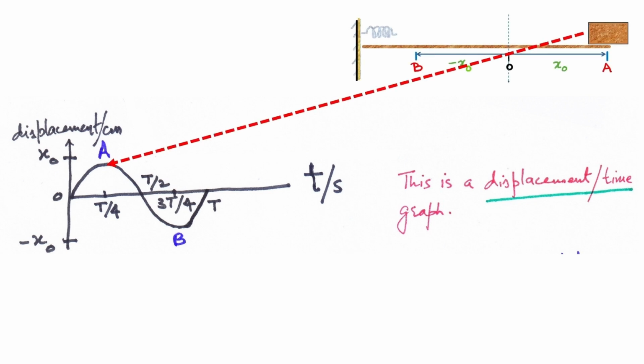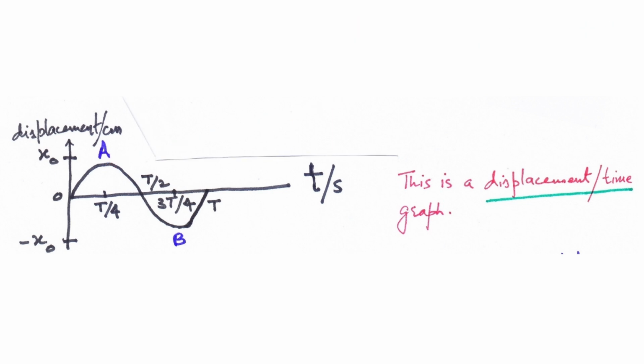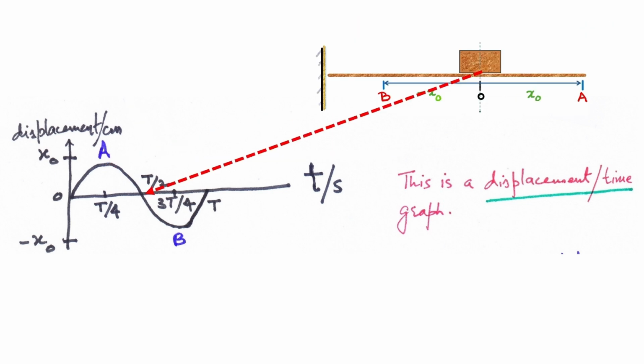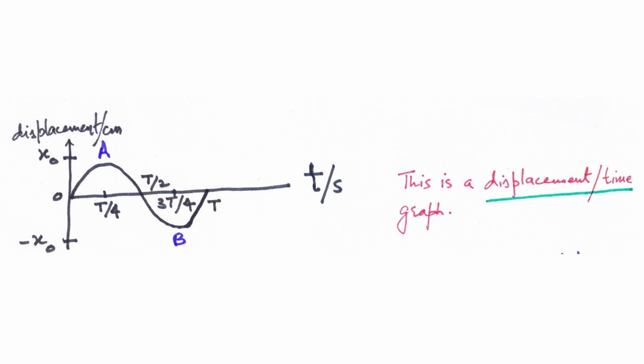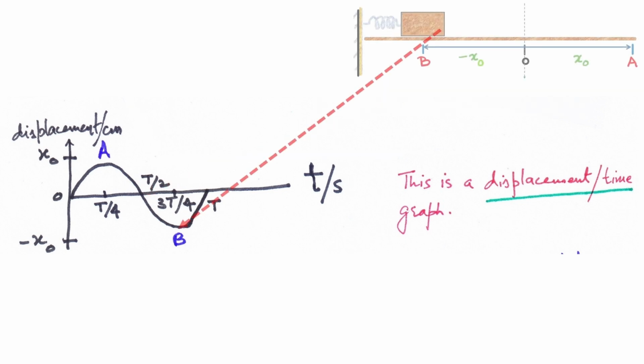At O again, when it came back to O, its displacement was again 0. And when it crossed O towards B, the displacement became negative, so the displacement time graph comes to the negative half of the graph, that is, below the time axis.